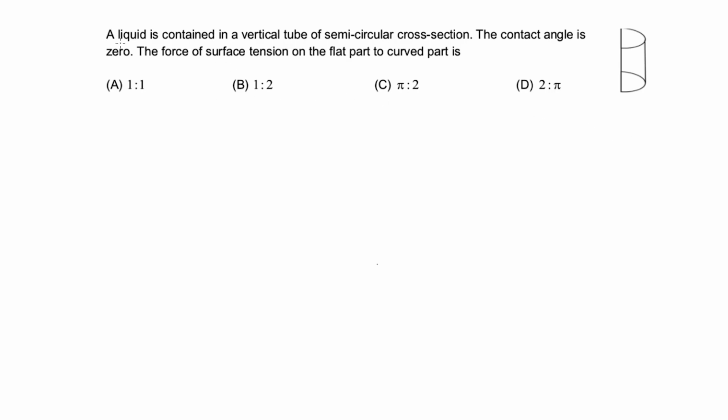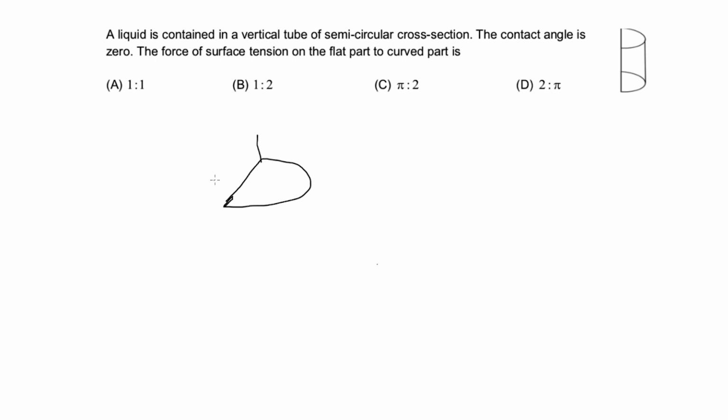Question 7. It says a liquid is contained in a vertical tube of semicircular cross section. The contact angle is 0. The ratio of the force of surface tension on the flat part to the curved part. Now the surface tension will only act on the air-water interface, that is only on the upper surface of the liquid. So we will only consider the upper surface of the liquid.